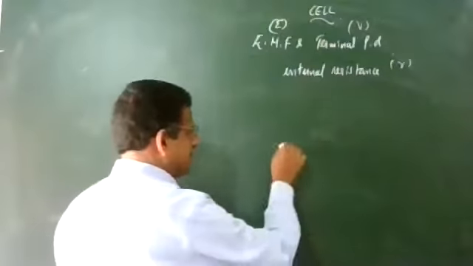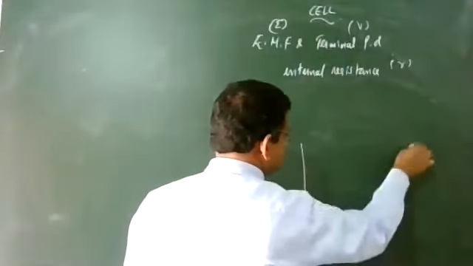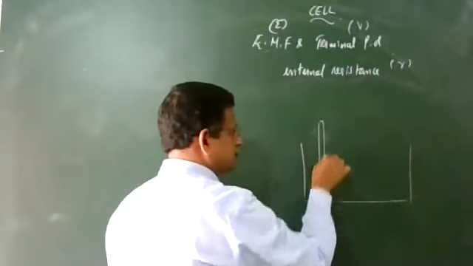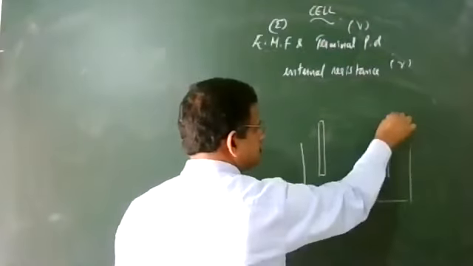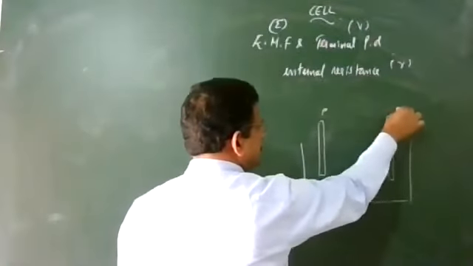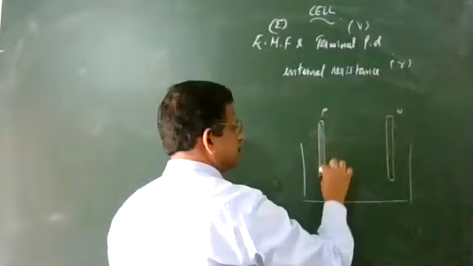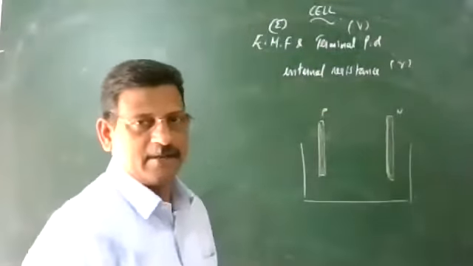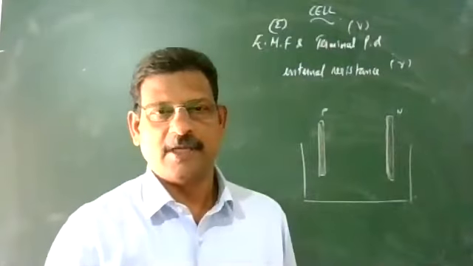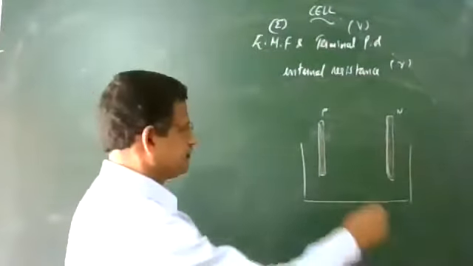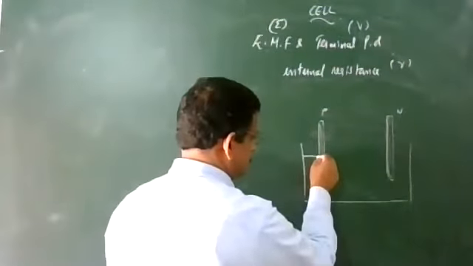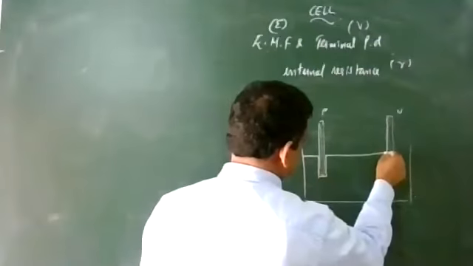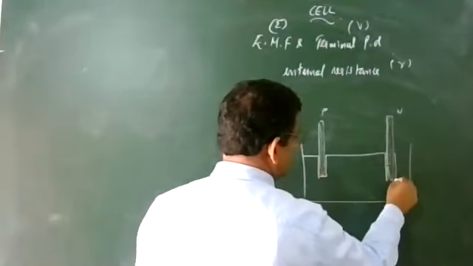So when you design a cell, three important parts are there. You have positive and negative electrodes. They are immersed in an electrolyte. So this is the electrolyte.